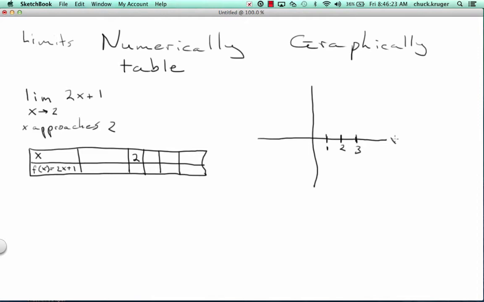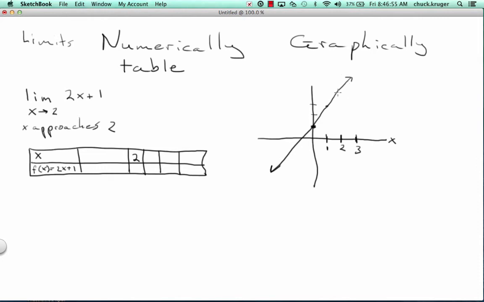So here are my x values. And I have the equation 2x plus 1, which means it has a y-intercept of 1 and a slope of 2. And so my graph, let's see, I'm going to draw it like this, I believe. There's a line that passes through in such fashion.